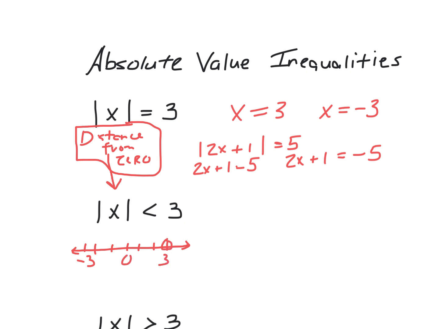So it would be everything in between here has a distance from 0 less than 3. All right, now we've also learned in our last video that this is a tweener. And this could be written as x is between negative 3 and 3.